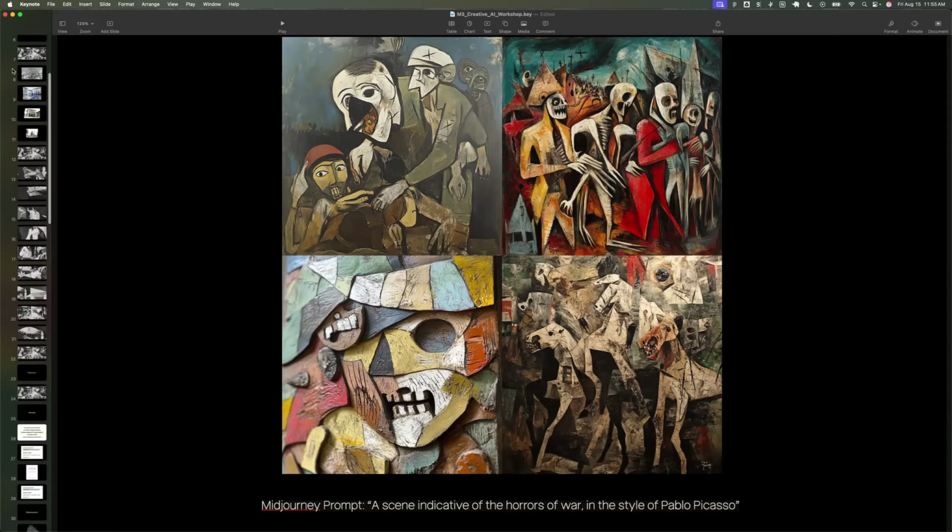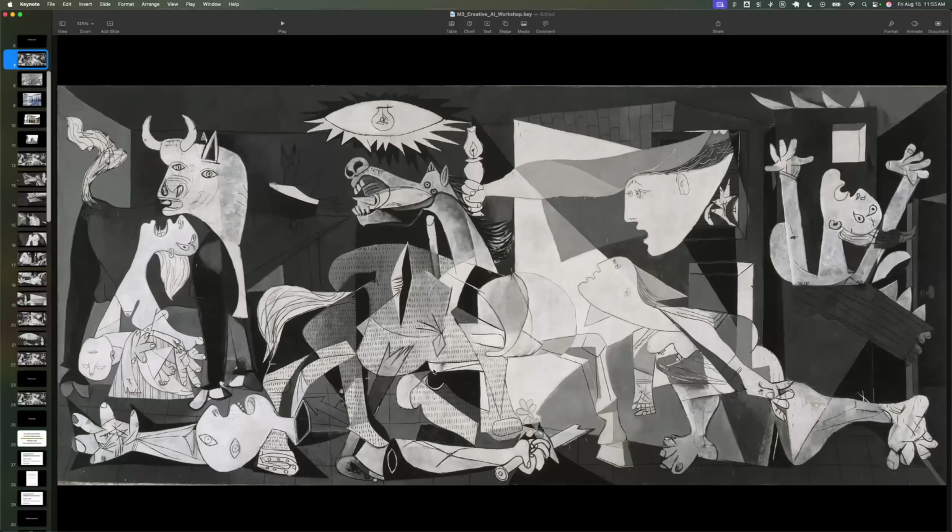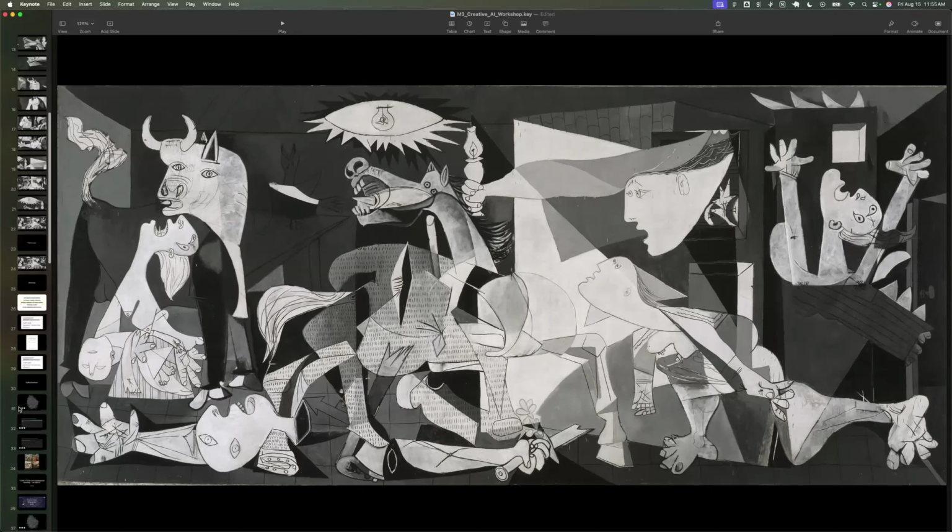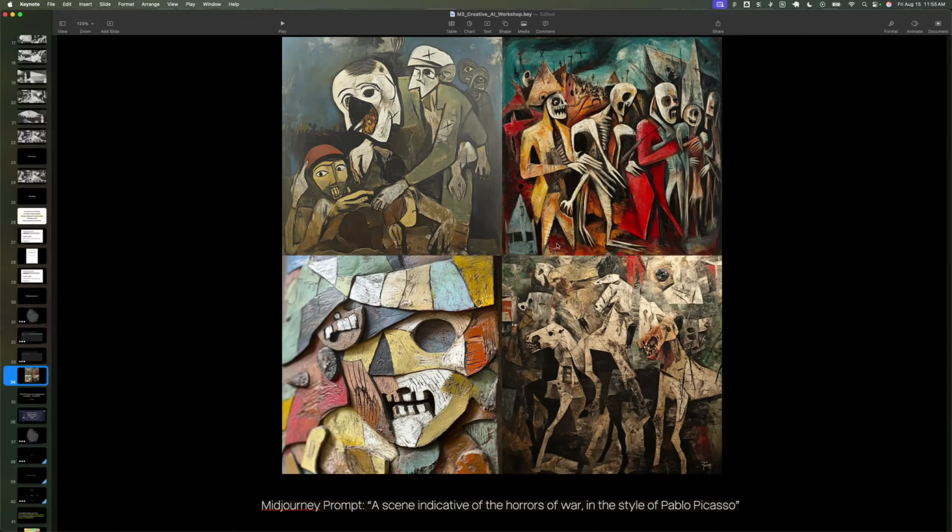And when you think about Picasso's horrors of war, he represents it this way with many, many different individual choices along the way. But when you ask, say, Midjourney to create a scene that's indicative of the horrors of war in the style of Pablo Picasso, it knows that skeletons are associated with horror in language. It knows that horses are associated with a war painting that Picasso did.